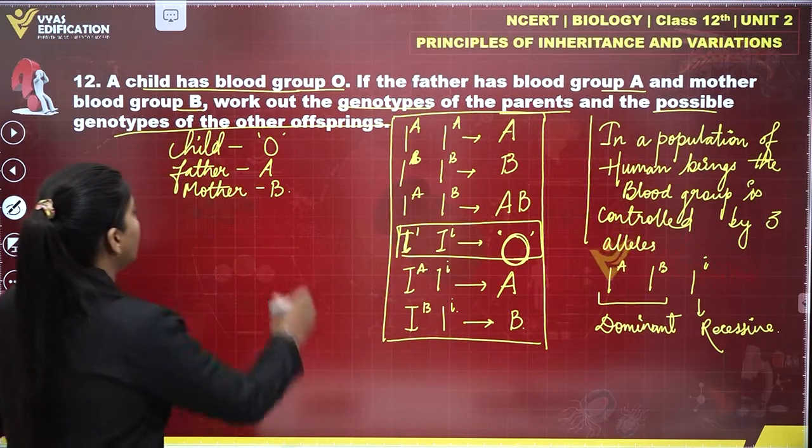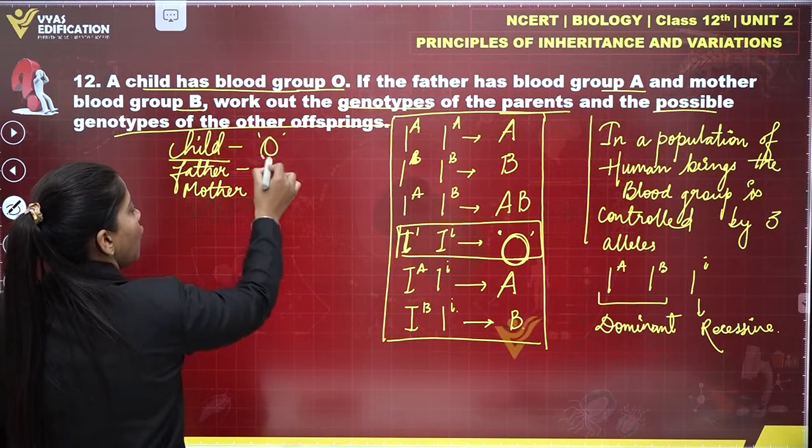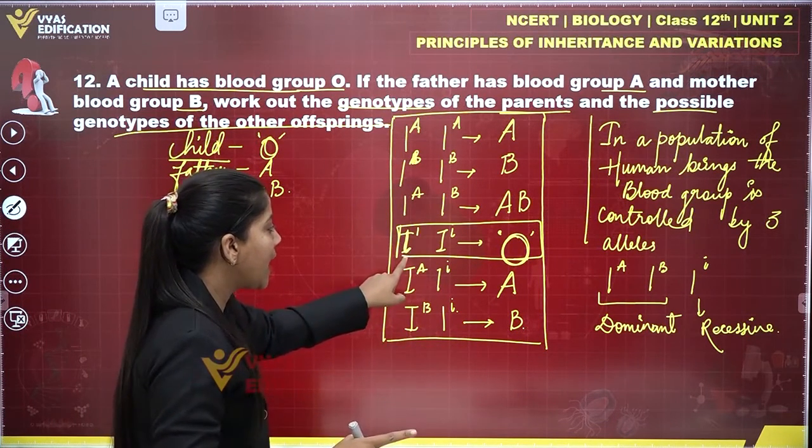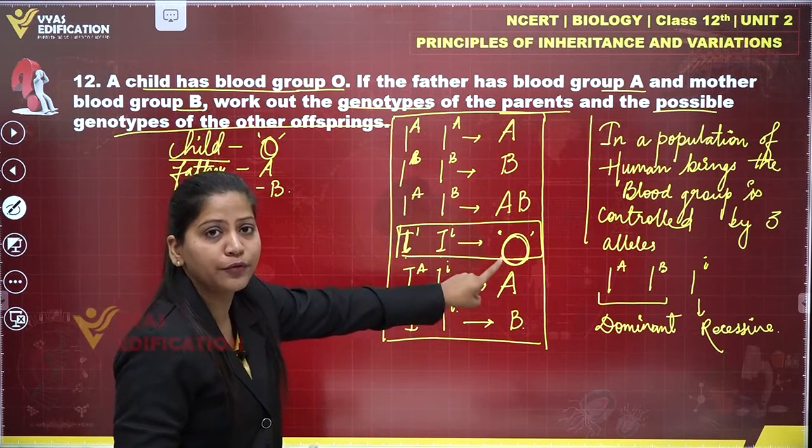So now we can conclude that the child which has O blood group must have received the two i alleles from both of its parents.